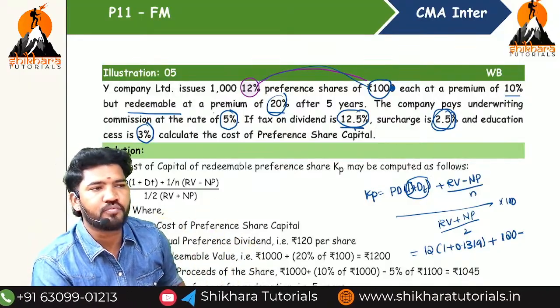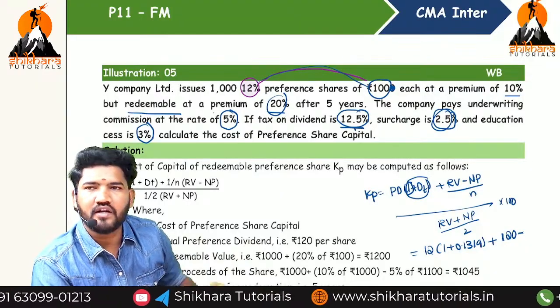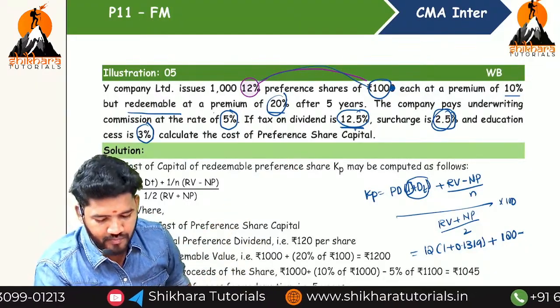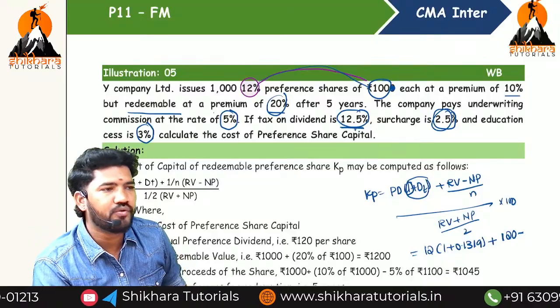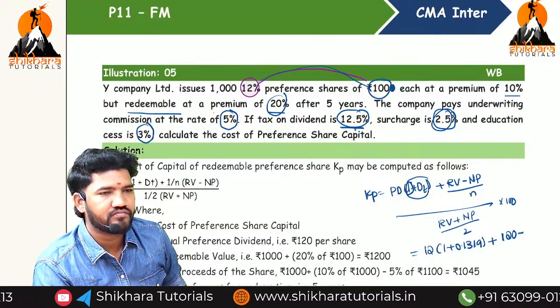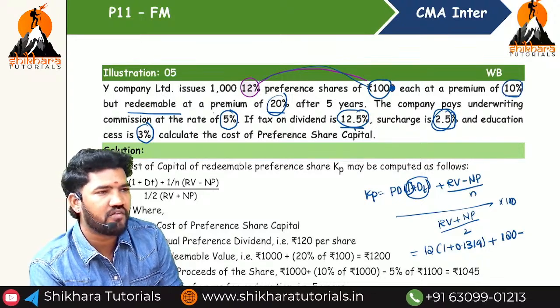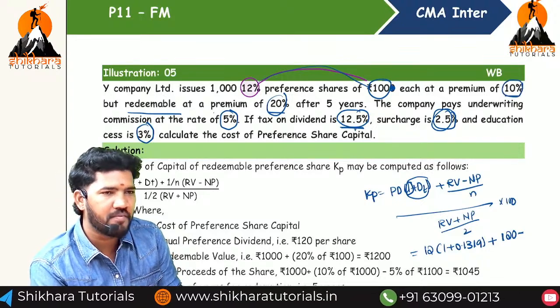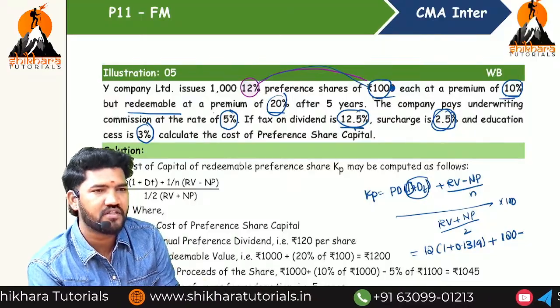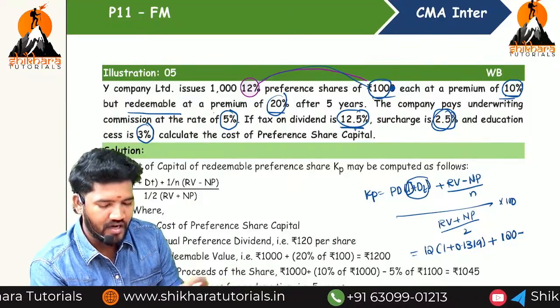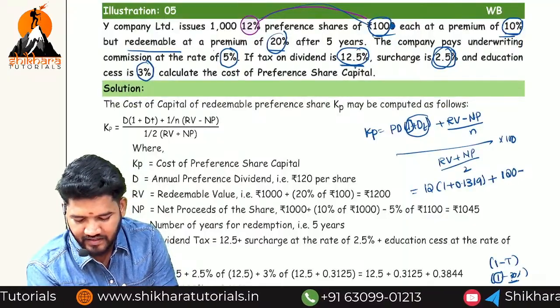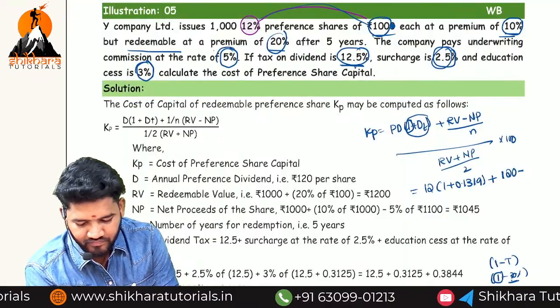Okay, what about the issue price? 100 plus premium. What about the premium? 10% only. Issue price is face value plus premium: 100 plus 10%, how much? 110. Now what about the percentage on flotation? 5%.